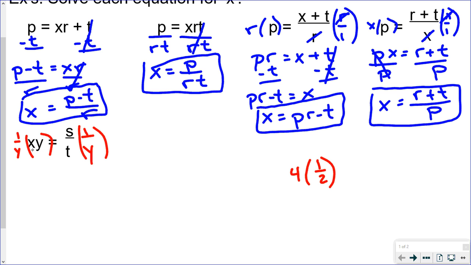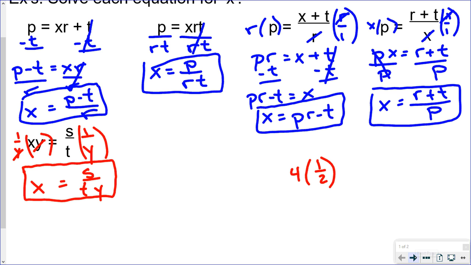So xy divided by y is the same thing as multiplying by 1 over y. So these y's cross simplify to 1. And over here, s times 1 is s, and t times y is just t times y. So another way of thinking of this is you're moving the y from the numerator to the denominator.